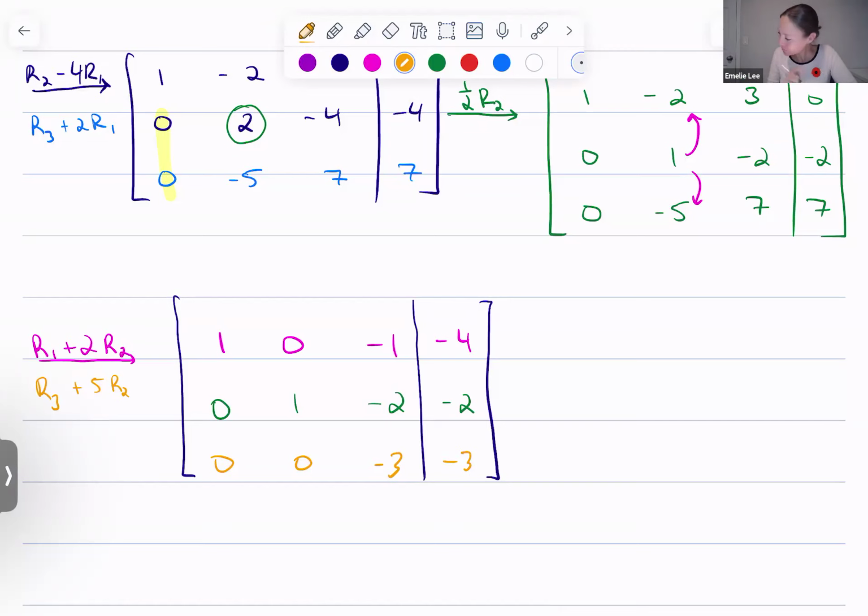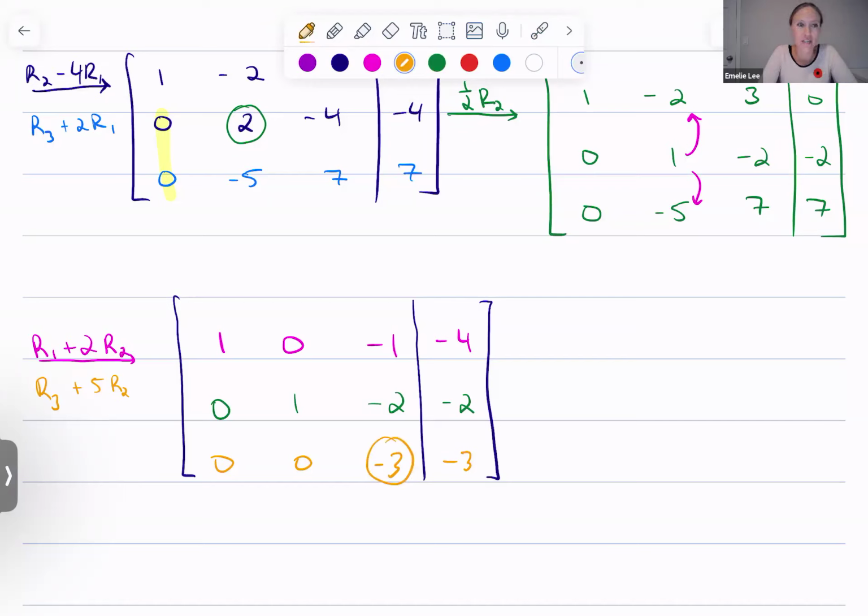Okay, so regrouping. All good. Now what? Last thing, same thing, but again, now we're gonna pivot around. What color can I use?